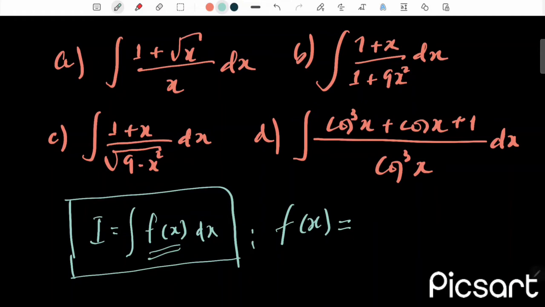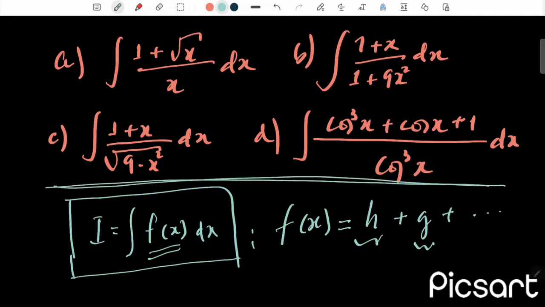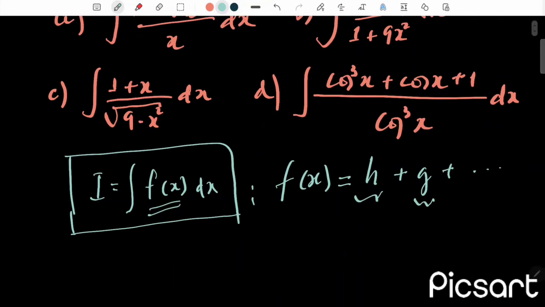This means, for example, f can be written as h plus g plus so on, and h, g, and so on are functions whose direct integrals we can take using the techniques that we have learned until now. To this goal, we will solve these 4 exercises, beginning with the first one.